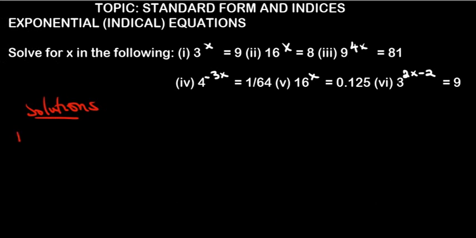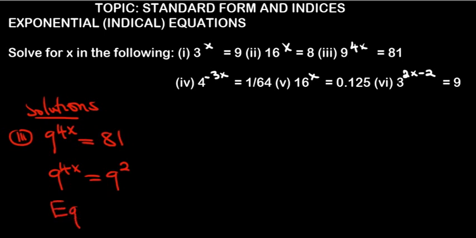In number 3, the question is 9 raised to power 4x equals 81. Also, 81 can be written as a power of 9. So we can have 9 raised to power 4x equals 9 raised to power 2. 9 raised to power 2 is the same thing as 81. Then from here, we can quickly say equate the powers.